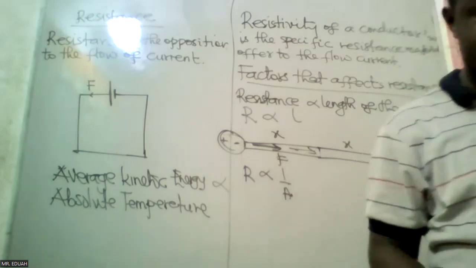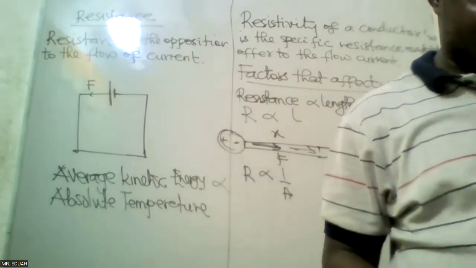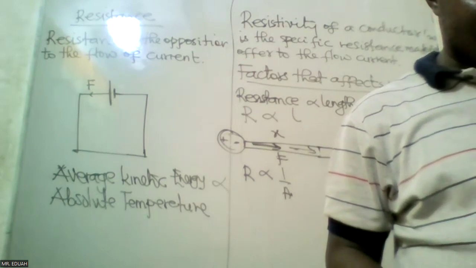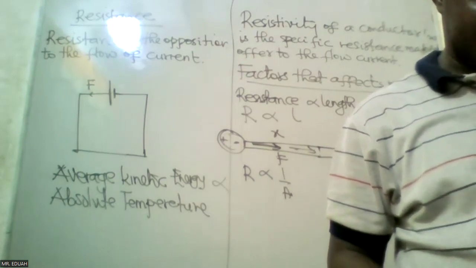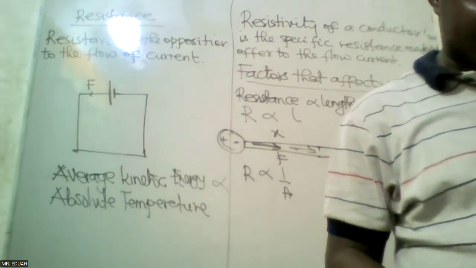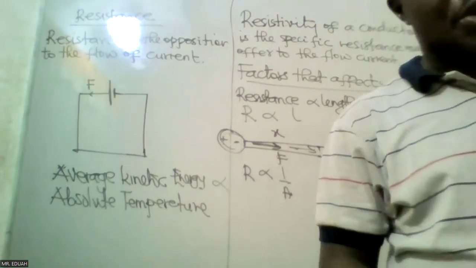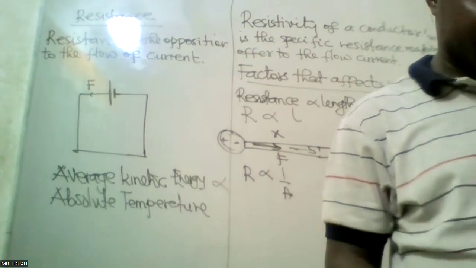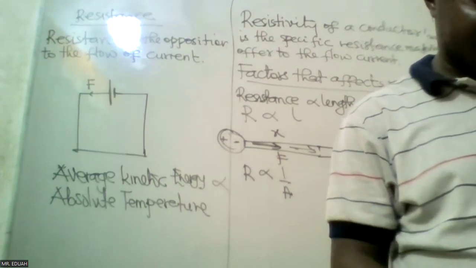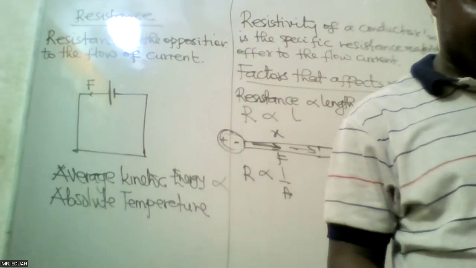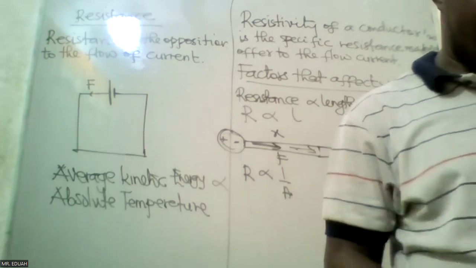Why? Tell me why. Why is resistance inversely proportional to cross-sectional area? Now, Kwame, you break the ice.